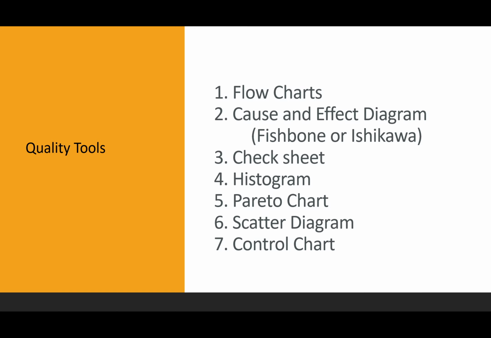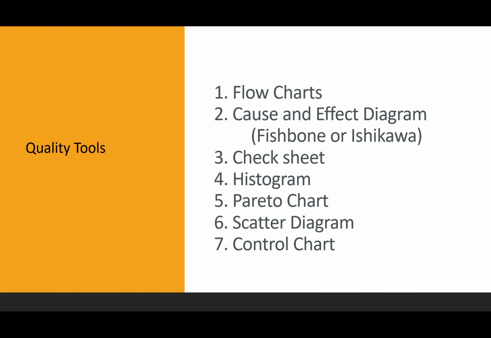So these are the 7 tools that come under quality control tools. First one is flow charts. Second one is cause and effect diagram, which is also known as fishbone or Ishikawa diagram. Third is check sheet. Fourth one is histogram. Fifth is Pareto chart, scatter diagram, and the last one is control chart.